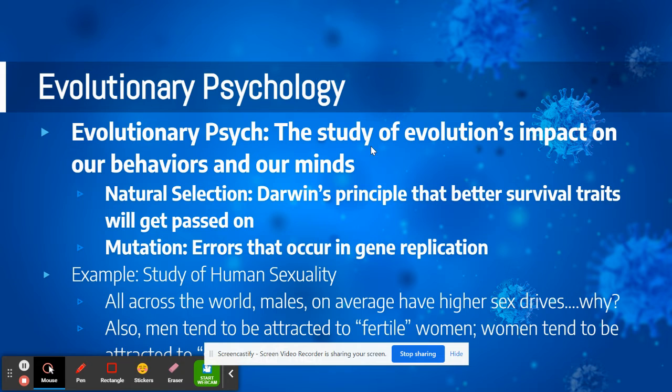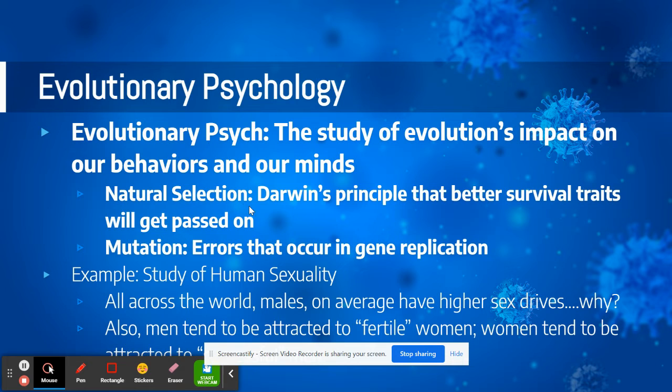So evolutionary psych is the study of how evolution impacts our behaviors and our mind. It's all about how our mental processes and behaviors have evolved to help us adapt to our environment and allow us to thrive and survive in it.